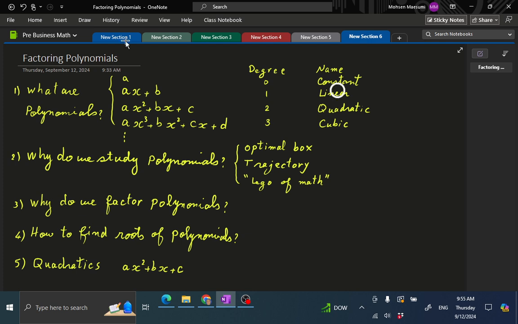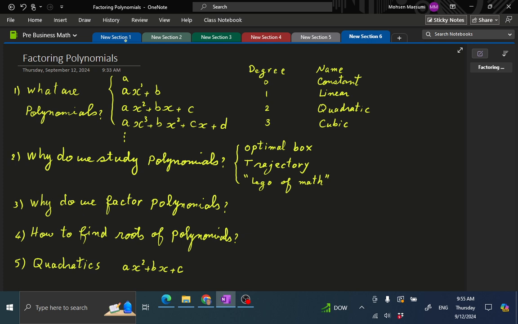Sometimes instead of these names we refer to the degree of the polynomial. So instead of cubic we can say the degree is 3, meaning the largest exponent that you see is 3. For quadratic, the largest exponent that you see is 2. For linear, it's 1. We don't write the 1, but if you insist, you can have that 1 written down.